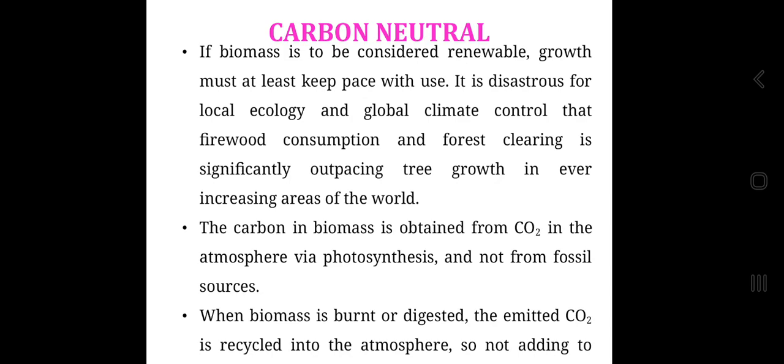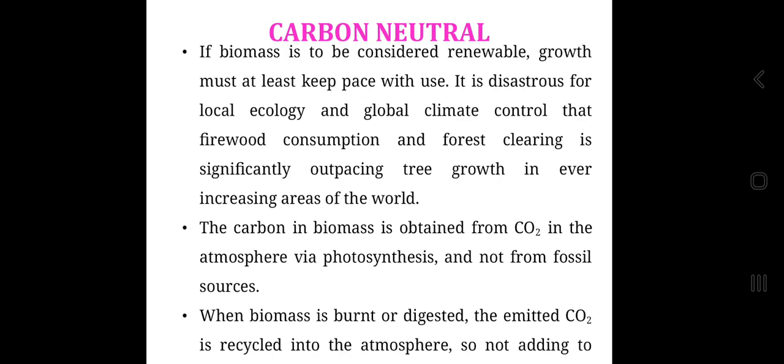If biomass is to be considered as a renewable, growth must at least keep pace with use. It is deleterious for local ecology and global climate control that firewood consumption and forest clearing is significantly outpacing tree growth in ever increasing areas of the world.